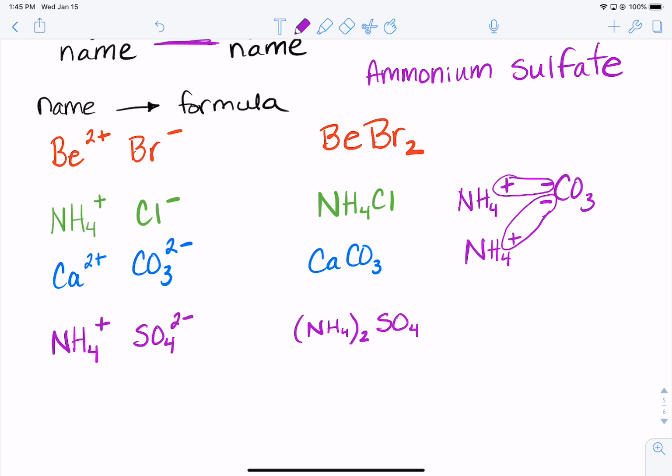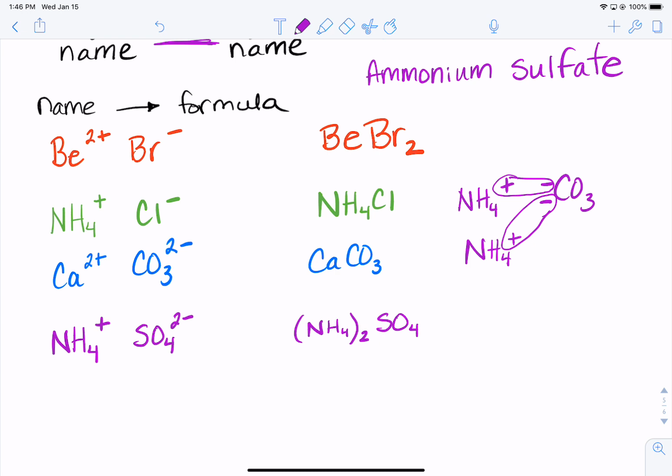And you can't do it without the parentheses. If you tried doing NH42, how do you show it's double? What if you did N2H8? Like you have double the nitrogen and 8 of the hydrogen. While that ratio is technically correct, it's not how it bonds. So it's not proper to do it that way.